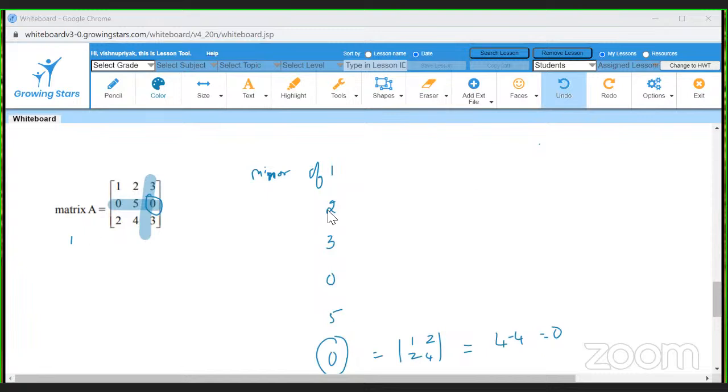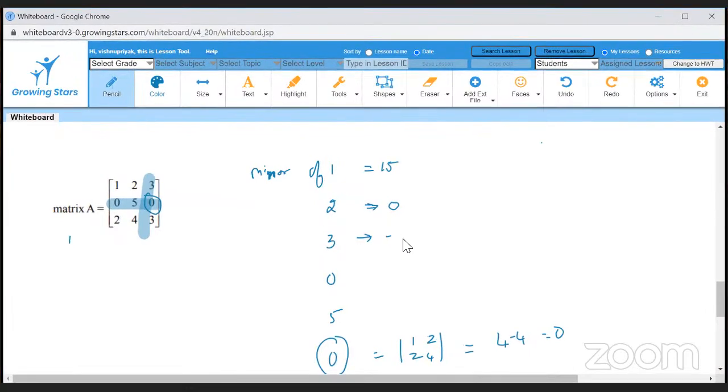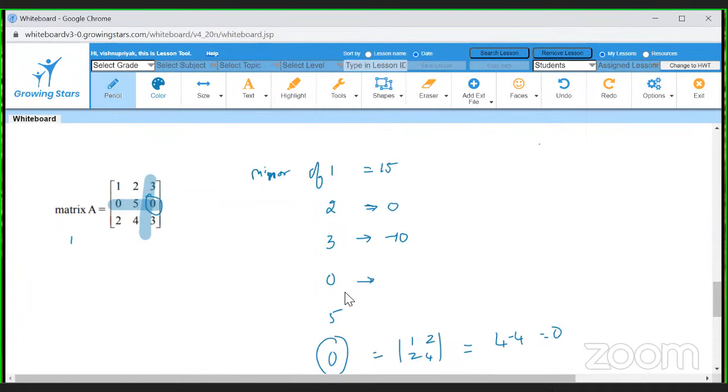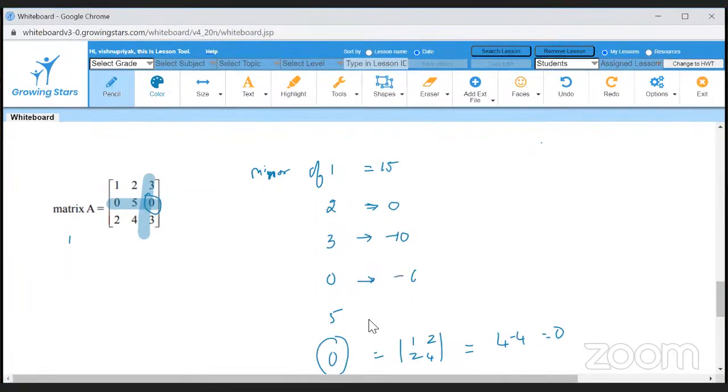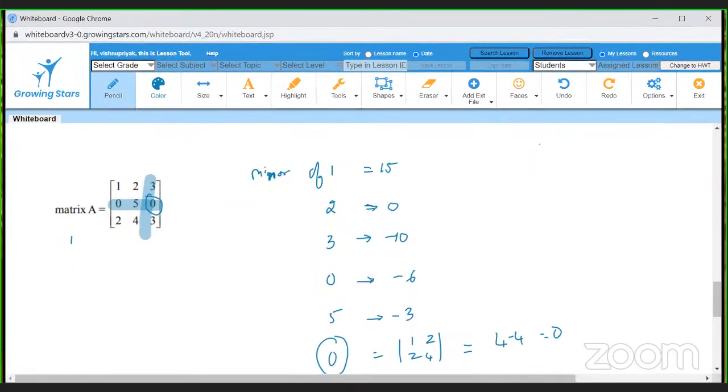Check. Minor for 1 is 15. Minor for 2 is 0. Minor for 3 is -10. Minor for this 0 is -6. Minor for 5 is -3.